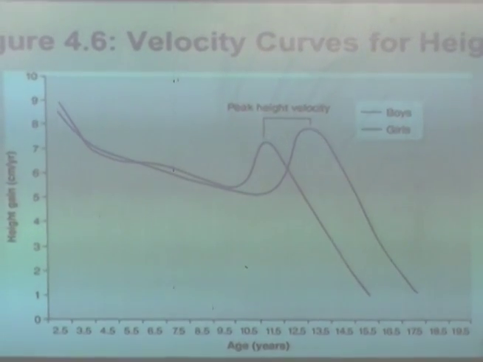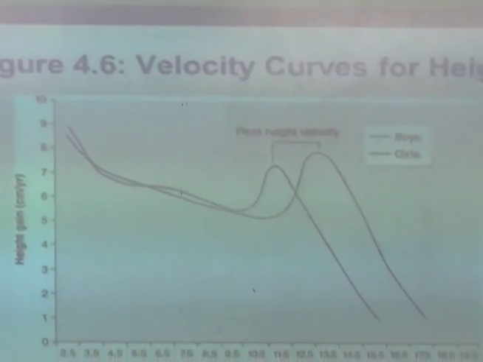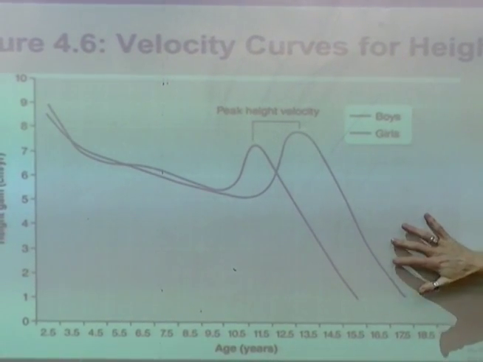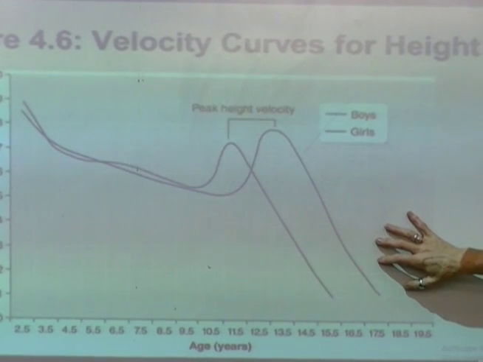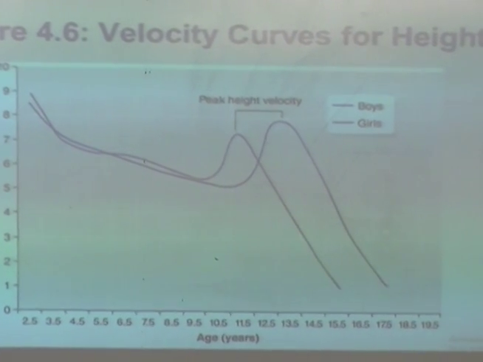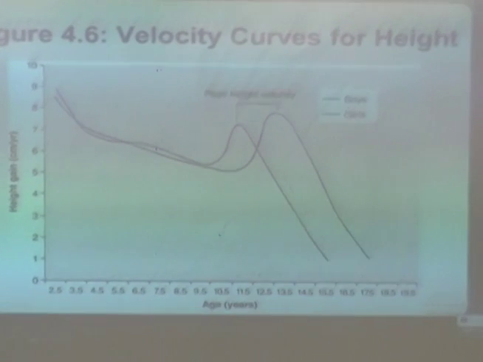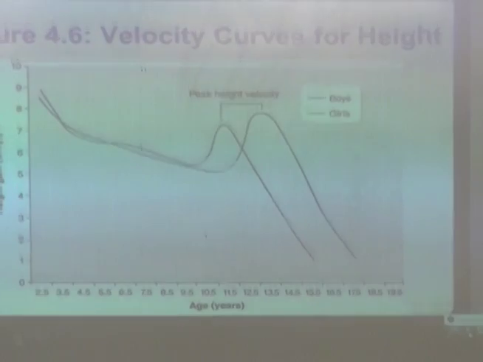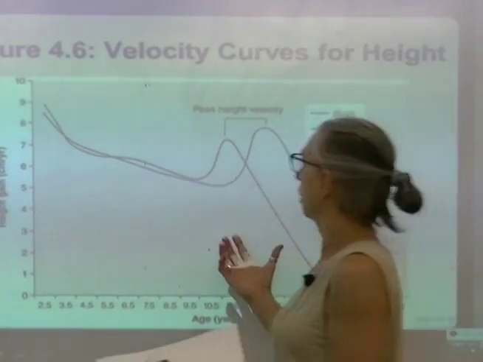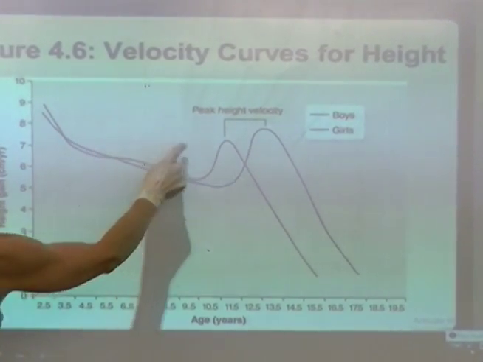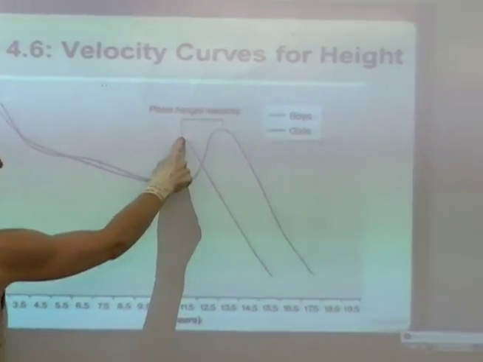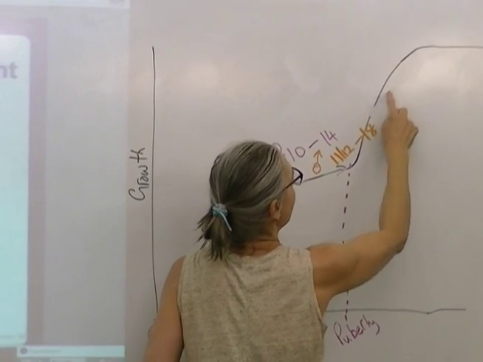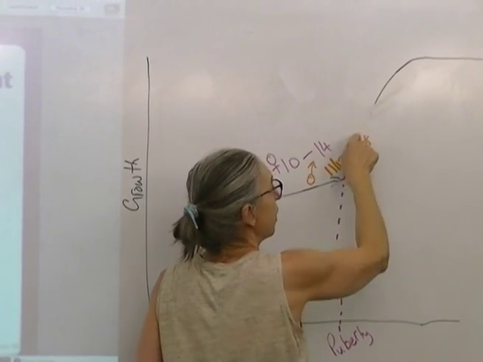So this one tells us the extent of the growth, and this version tells us the rate of growth. So it's just different ways of presenting the data. This way it's much easier to see at what age they hit their peak height velocity. On here, you can't really tell that unless you get a very distinct change in the slope.